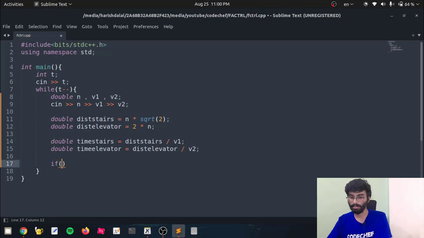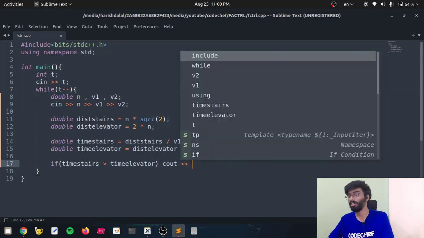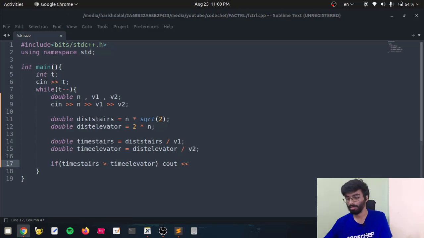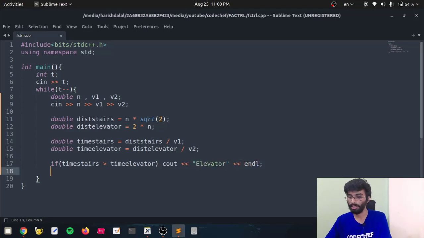Now just comparing both. If the time taken through stairs is greater than the time taken through elevator, we will output elevator. Make sure to check the spelling. Else we will output stairs.